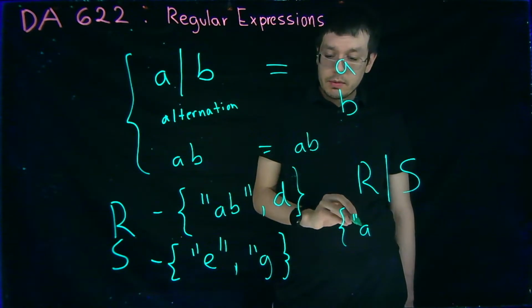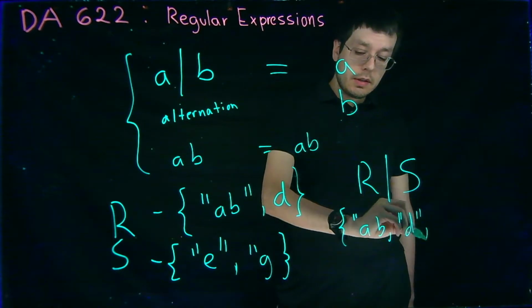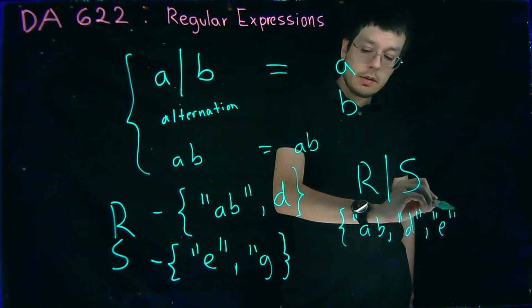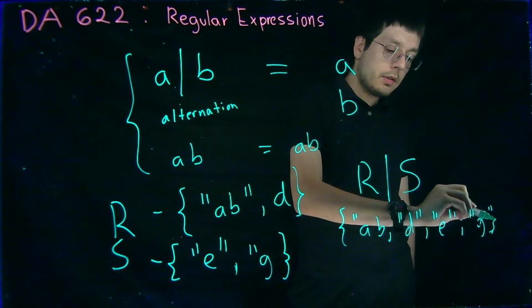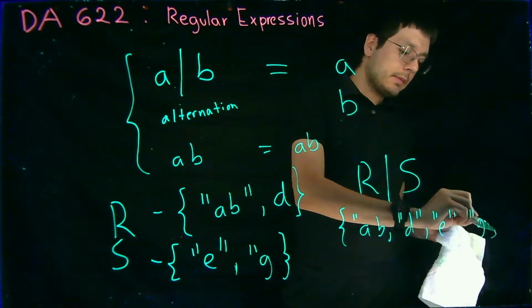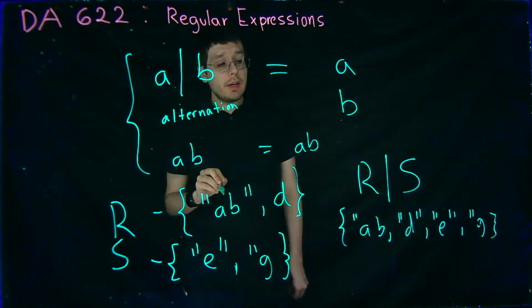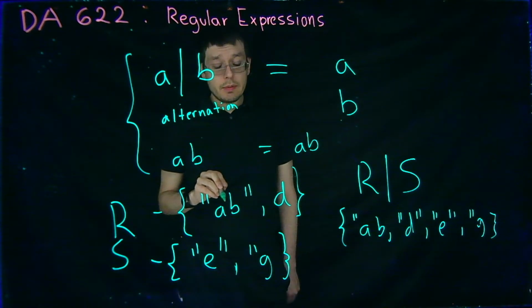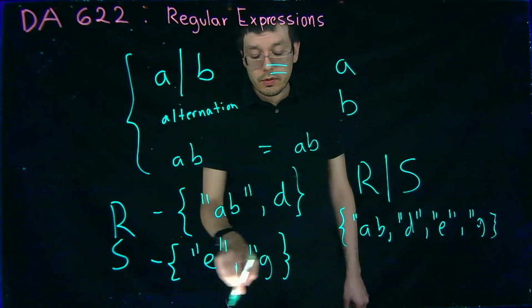Well, it could be AB, it could be D, it could be E, and it could even be G. And I made that sound like it was a special case, but it's not. What I'm saying is it could be one or the other. However, each of these has multiple options.